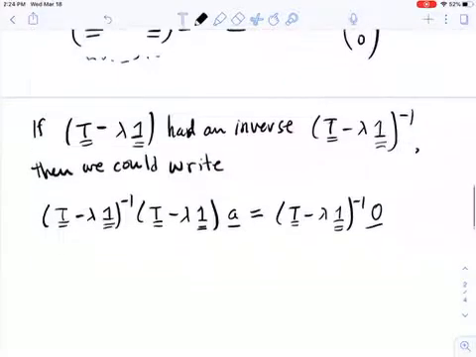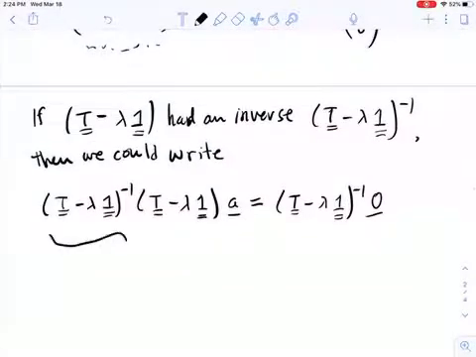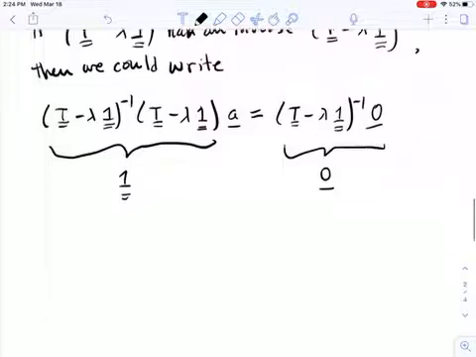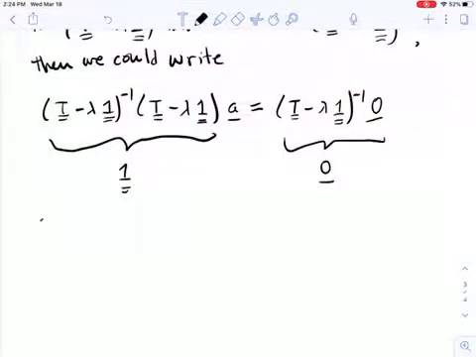Well, of course, this matrix multiplied by its own inverse is just going to return the identity, and any square matrix multiplying a column of zeros is going to return 0. And so what we would get is that the identity times A would be equal to 0.